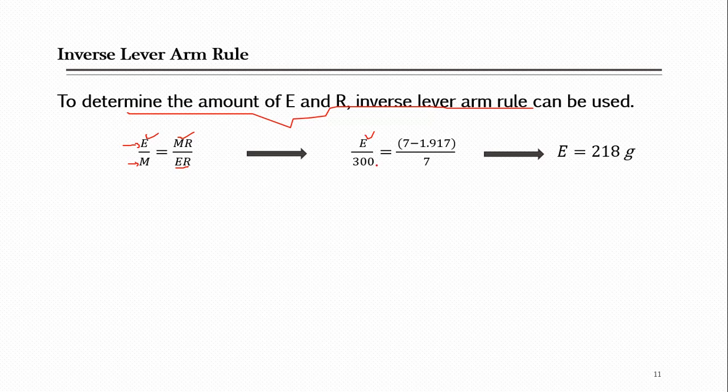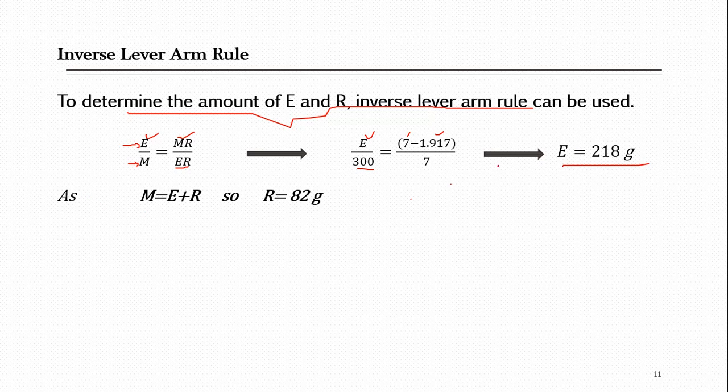That E you are looking for, M was 300, and MR, as I have shown you, R is located on the right side, and from M towards that right side there were two numbers given, 7 and 1.917. You can go back to that diagram and look that MR is this distance, divided by ER, the overall distance from E to R, and that was 7. So if you solve this you will get E as 218 gram.